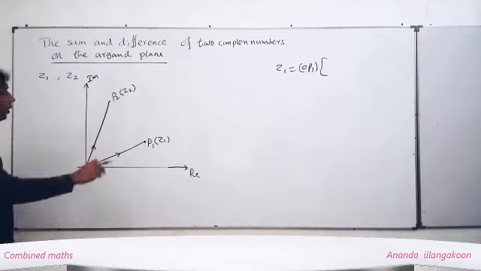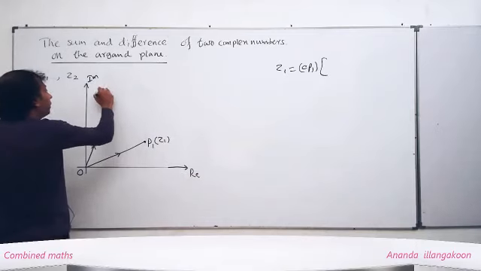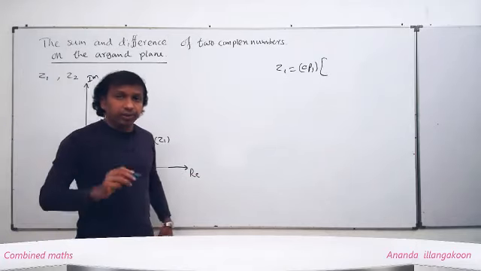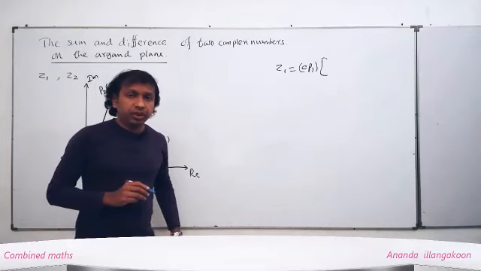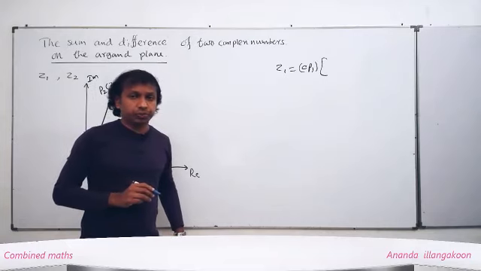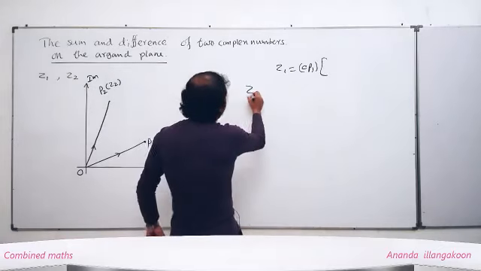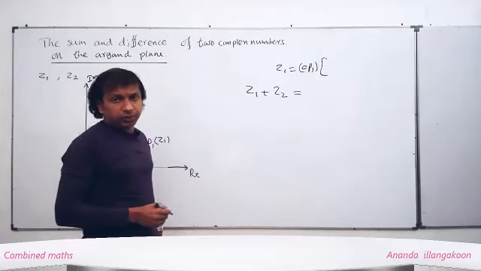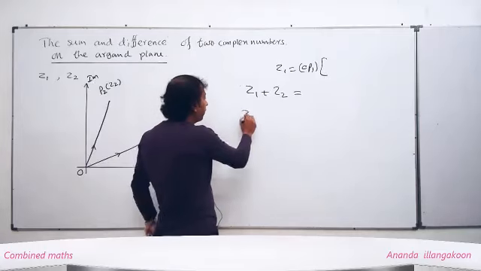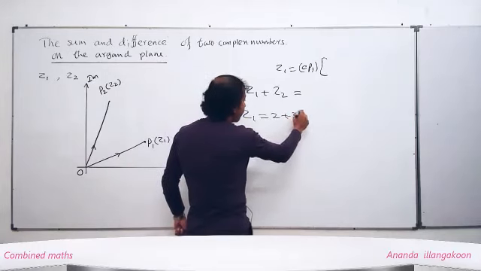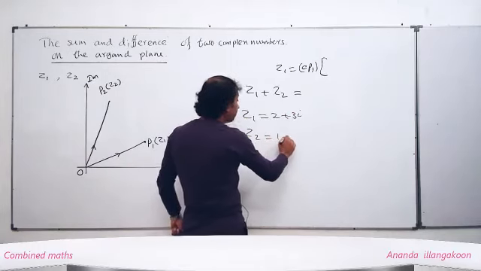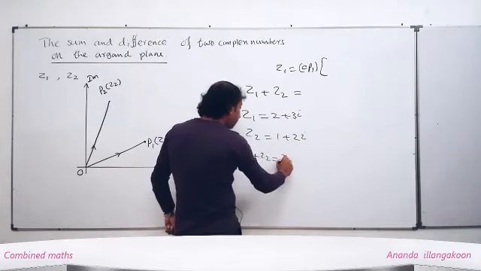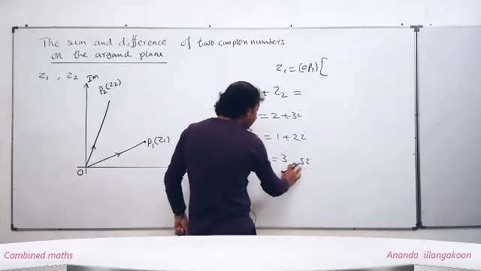Now, people, we need to mark the point on the Argand plane that represents the complex number Z1 plus Z2. When we add two complex numbers Z1 and Z2, the result is another complex number. For example, if Z1 is 2 plus 3i and Z2 is 1 plus 2i, when we add Z1 plus Z2, real parts we can add, imaginary parts we can add.